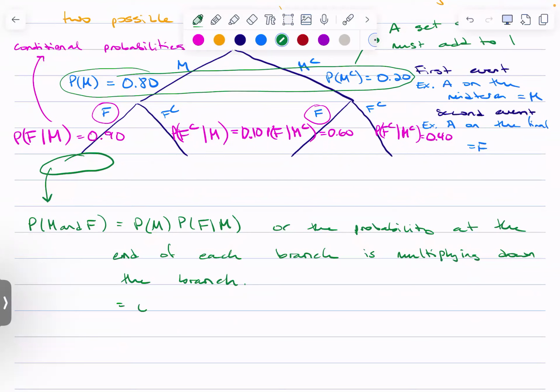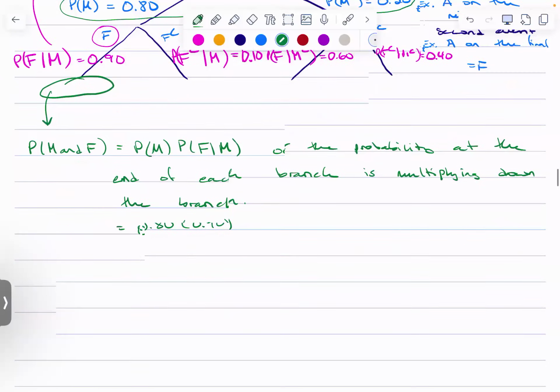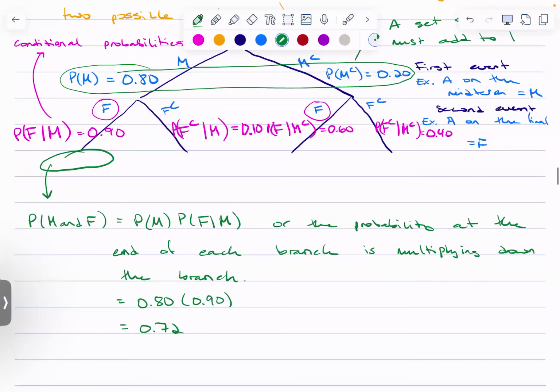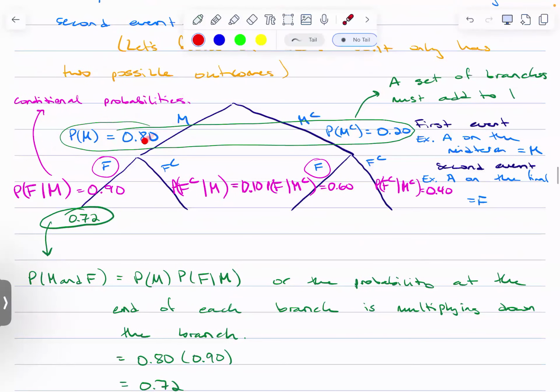Yeah. So this is going to be 0.80 times 0.90, which is 0.8 times 0.9 is 0.72. So down here, I get the probability of ending up at the bottom of this branch is 0.72.